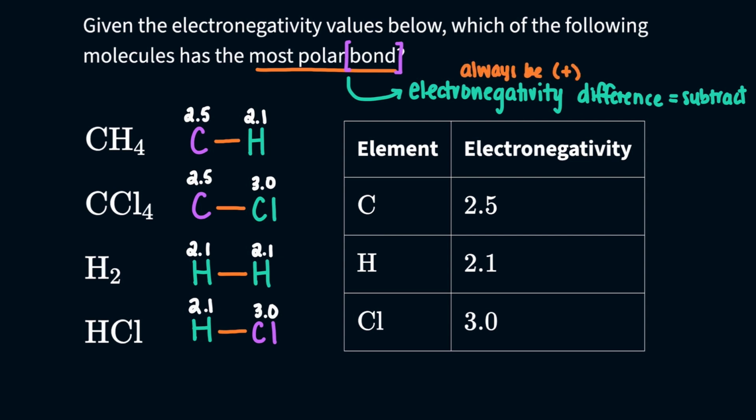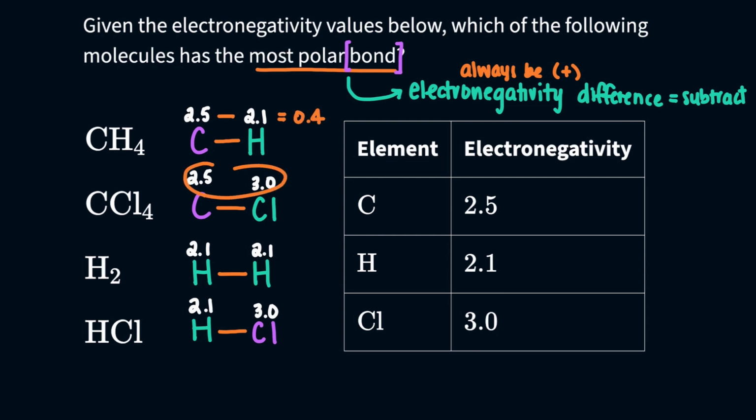So if you subtract your two numbers and get a negative value, just make it positive. For the first one, I'll take the 2.5 and subtract 2.1, and I get 0.4.